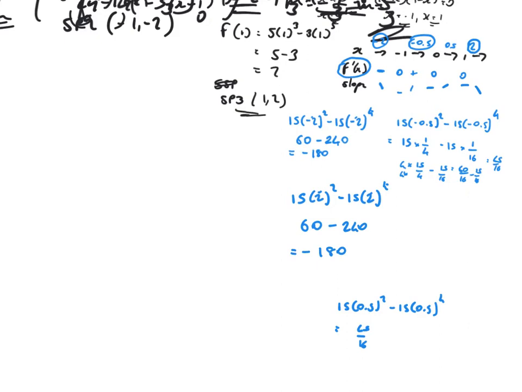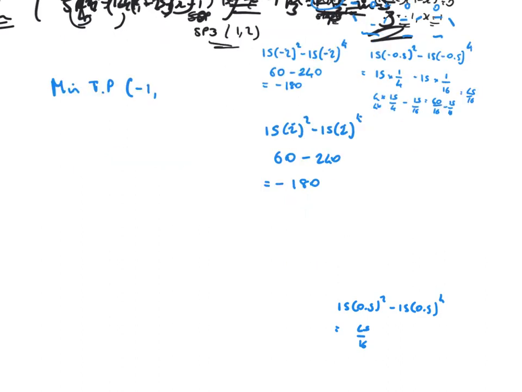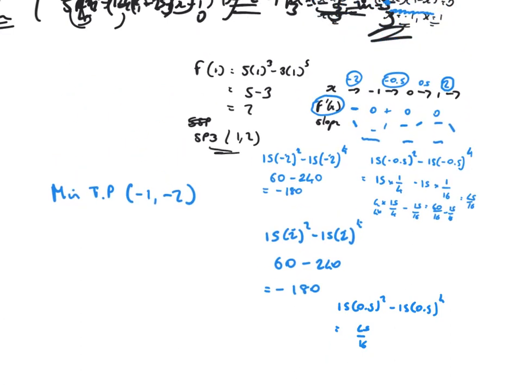Okay, so I can now determine the stationary points. First of all, I've got a min turning point at minus 1, minus 2. I've then got a rising point of inflection at the origin, and finally a max turning point at 1, 2.